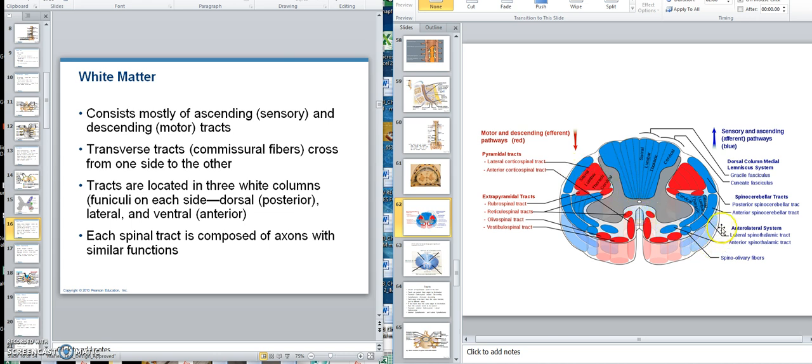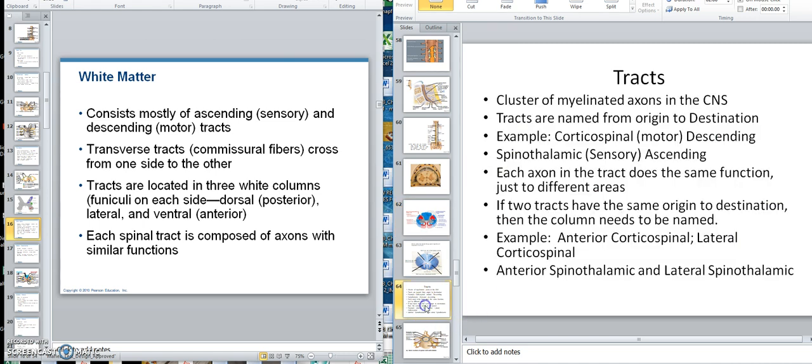Spinothalamic, let's find the spinothalamic. See, it's in blue, going up. Each axon of the tract does the same function. For example, we'll be looking at the lateral spinothalamic tract, which is for pain and temperature.